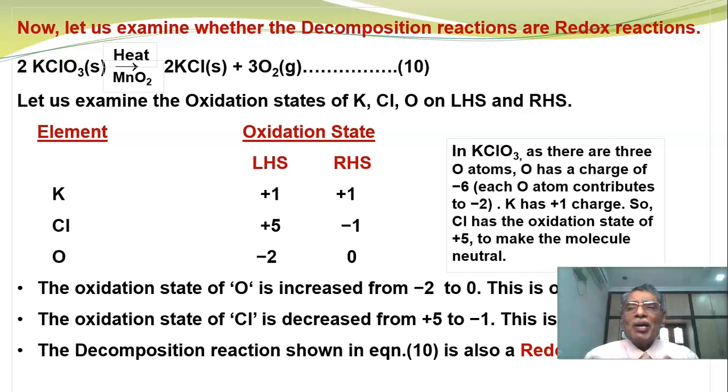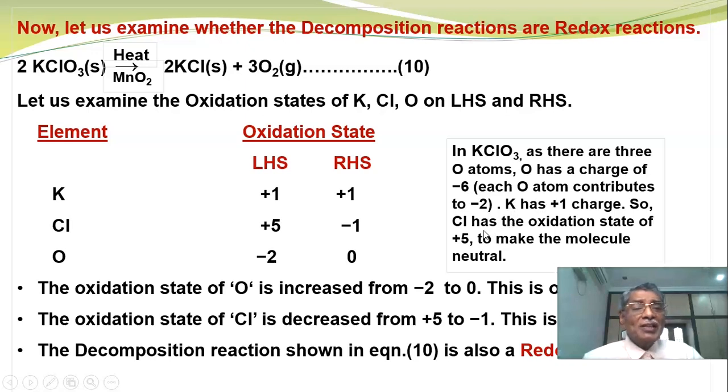You may be surprised why the Cl oxidation state in KClO3 is +5. This can be explained as follows. In KClO3, as there are 3 oxygen atoms, oxygen has a charge of -6. Each atom contributes -2. K has +1 charge.